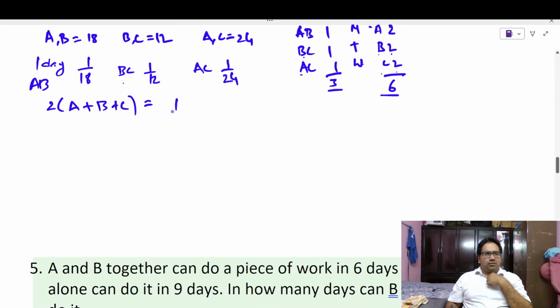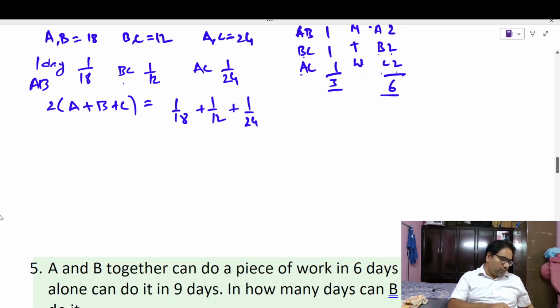If they work this much, then how much will happen? 1 by 18 plus 1 by 12 plus 1 by 24. That is 2 days of A plus B plus C. What is this? 1 by 18 plus 1 by 12 plus 1 by 24. This is equal to, what is the LCM? 72, right? 72.